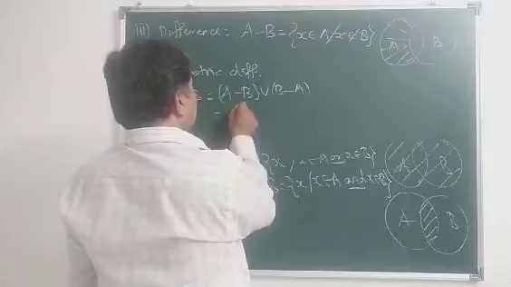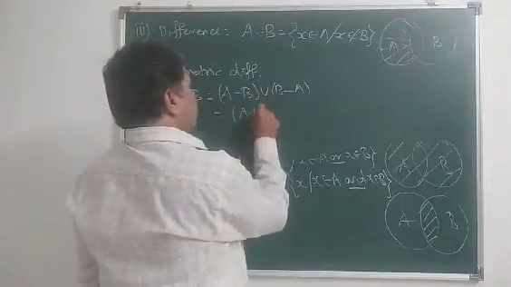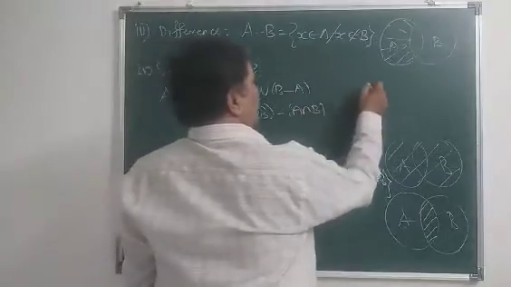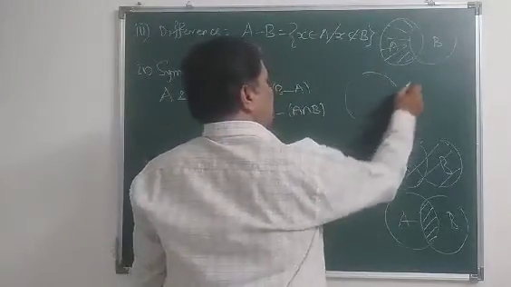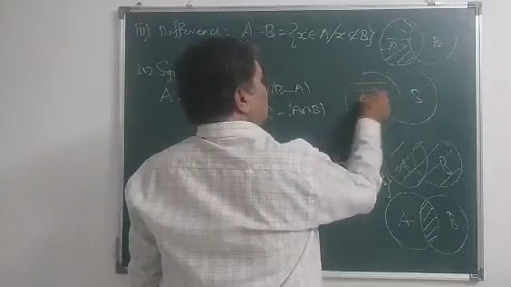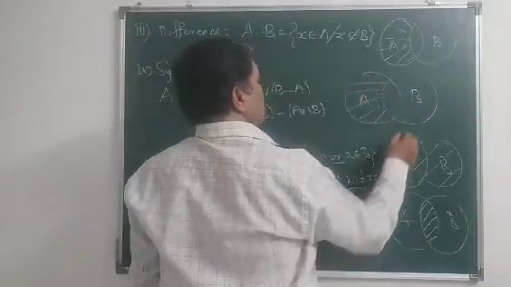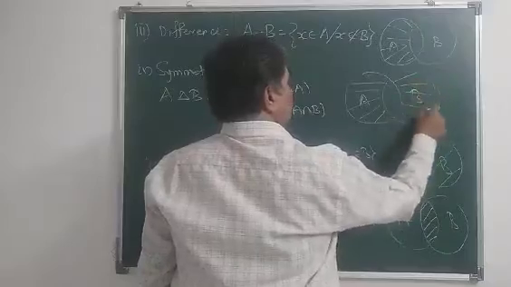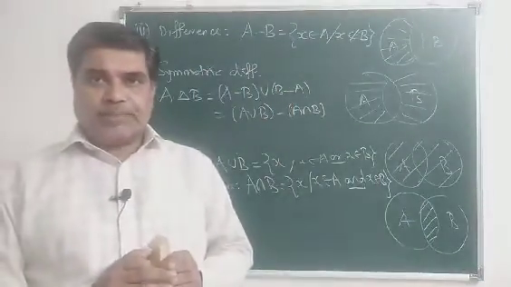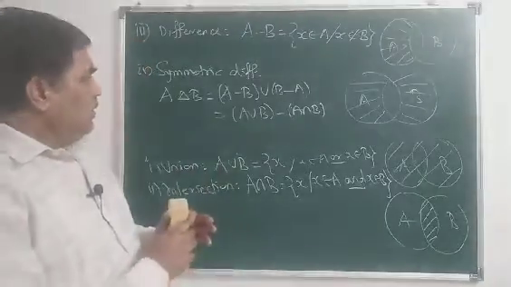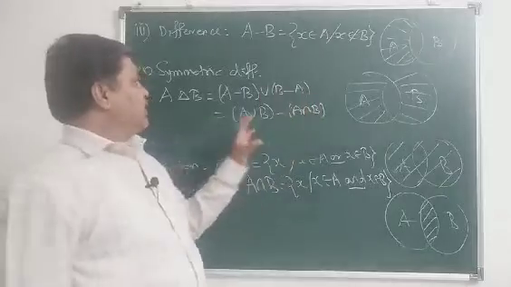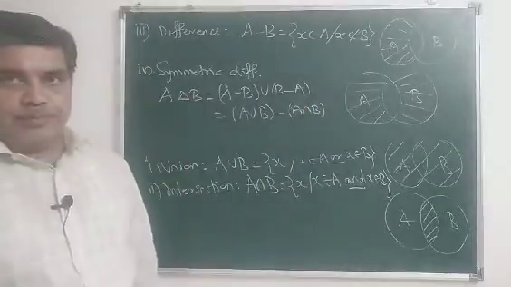So it is precisely A union B minus A intersection B. Venn diagrammatically, if I have set A, this is B, this is A minus B, this is B minus A. Their union is the symmetric difference of A and B. That means A union B minus A intersection B gives us the symmetric difference.